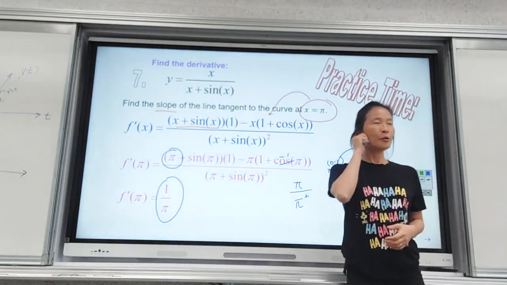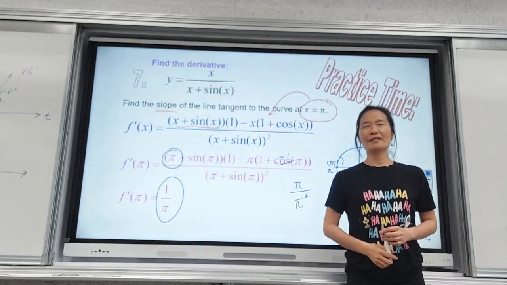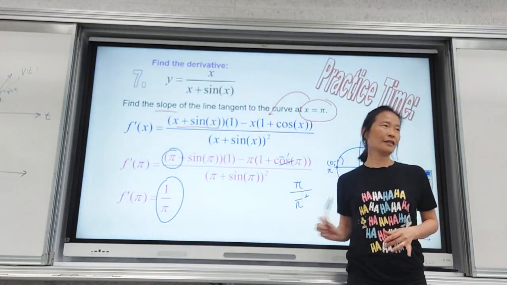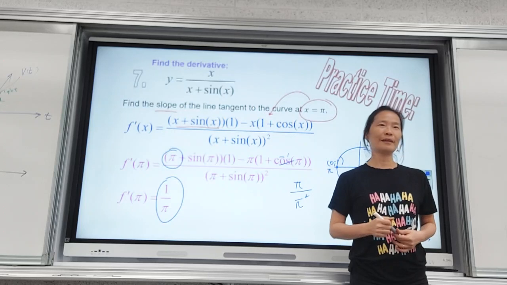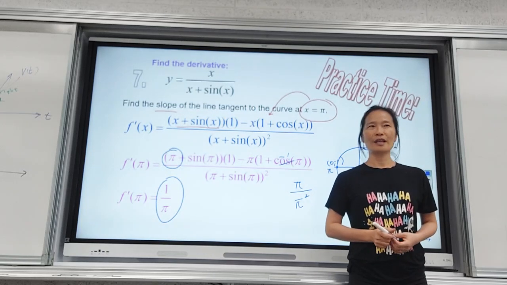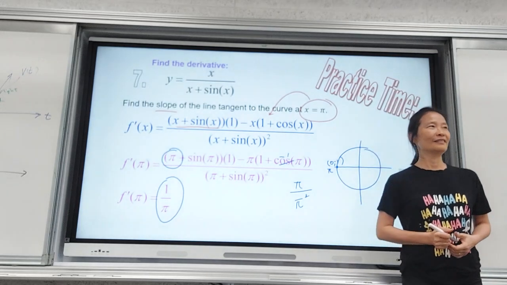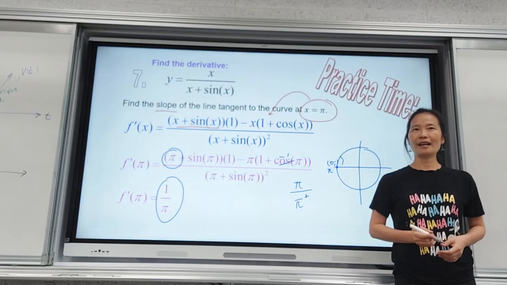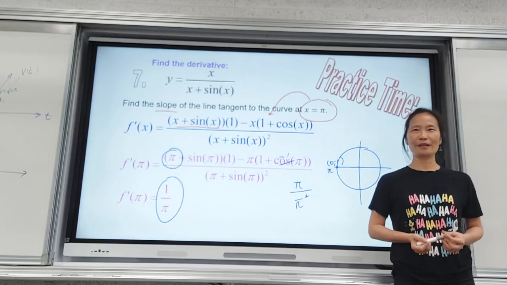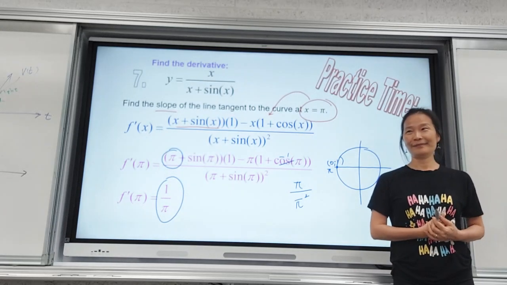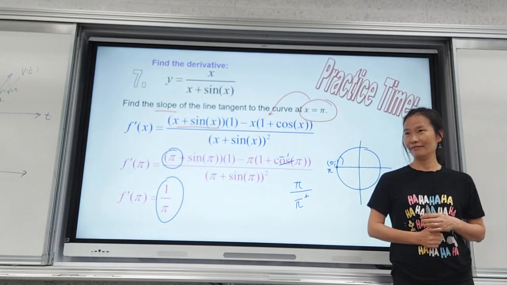Okay, so there is something wrong in this solution. Can somebody tell me what is going on? The notation is not good. If you write this, I'm going to deduct 0.5 for notation. Can you tell?